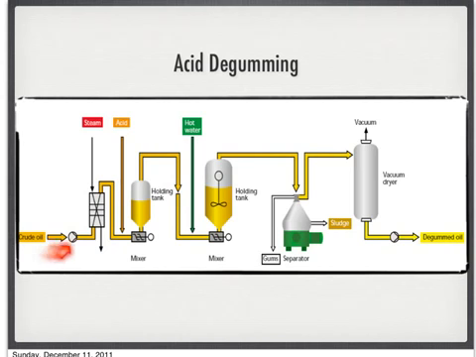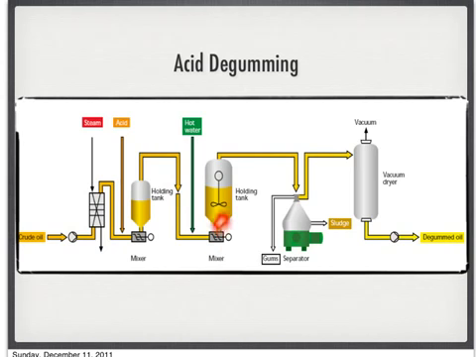So the crude oil will go through the heater, and the acid in the form of phosphoric acid will be added at this point and mixed with the oil, and it will go to the holding tank. In the next step, the hot water will be added to hydrate the hydratable phosphatides in the oil.